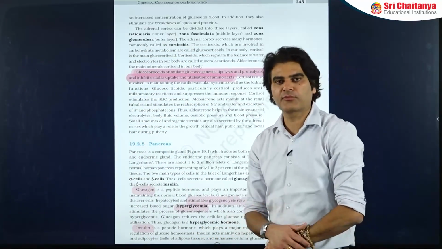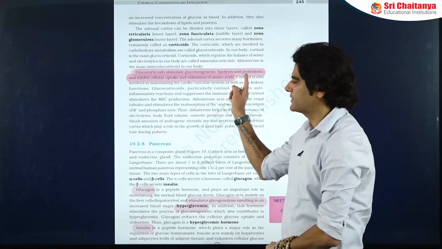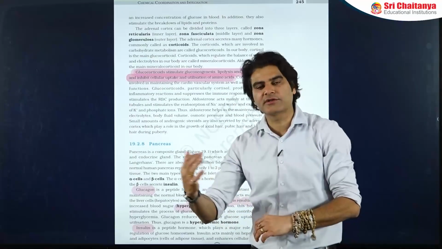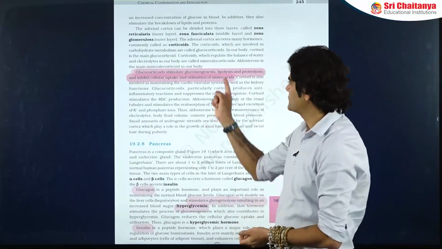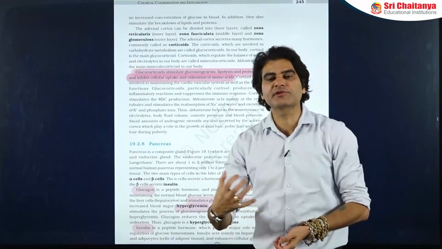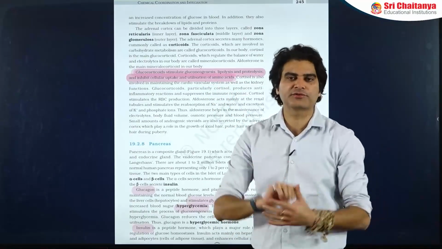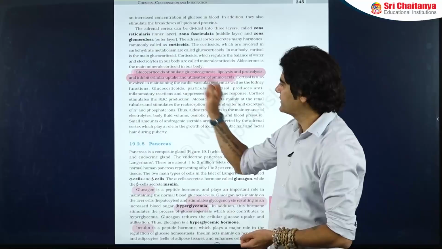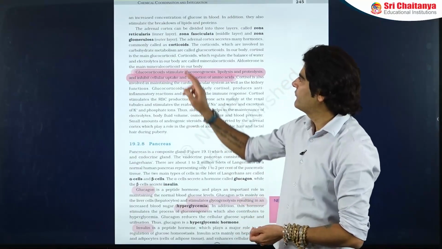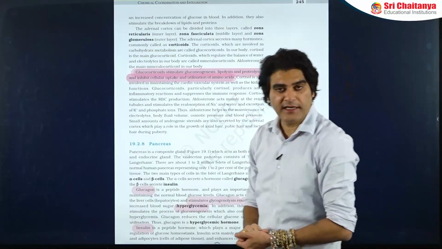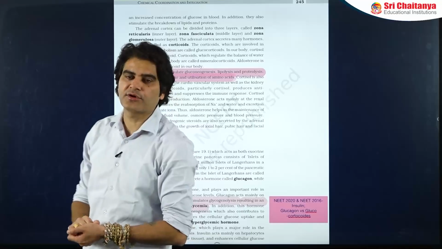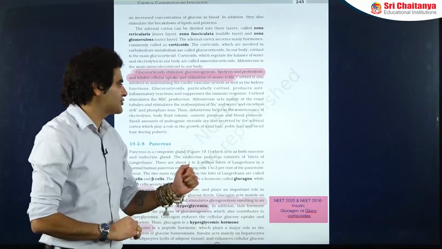Gluconeogenesis is the conversion of non-carbohydrate sources like proteins and lipids, by breaking them down, into glucose. So it promotes lipolysis, proteolysis, and stimulates conversion of the breakdown products into carbohydrates, that's gluconeogenesis.